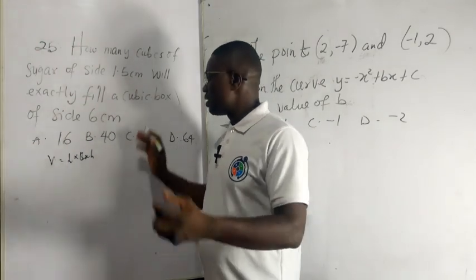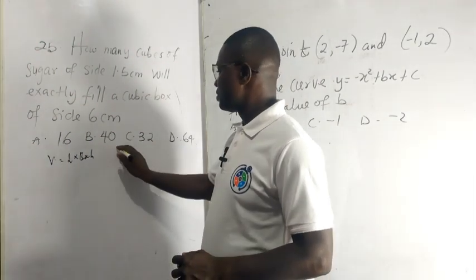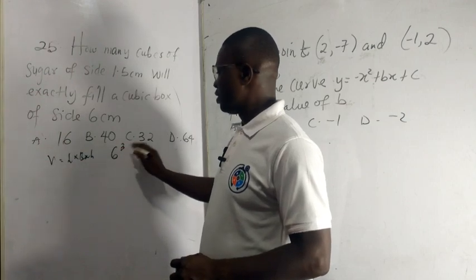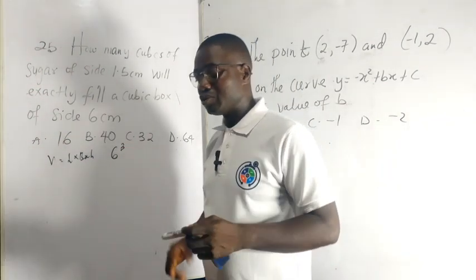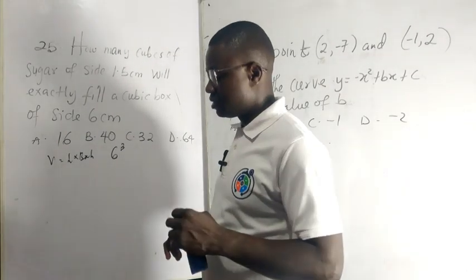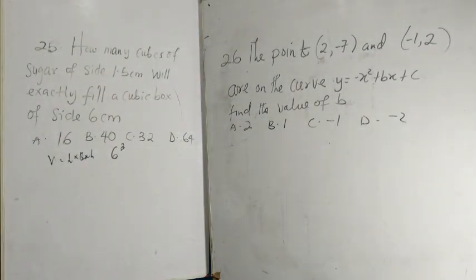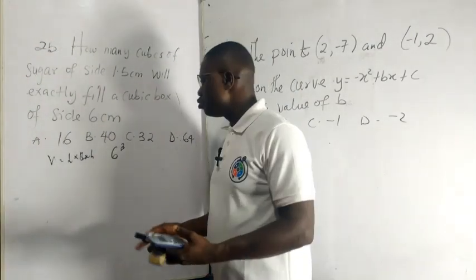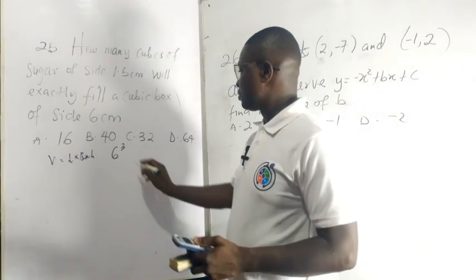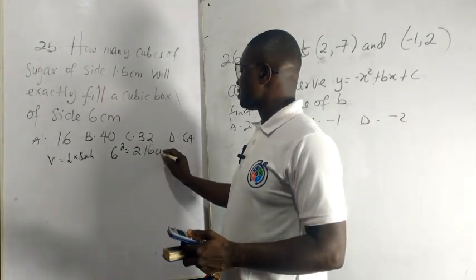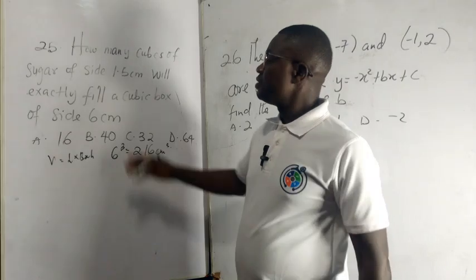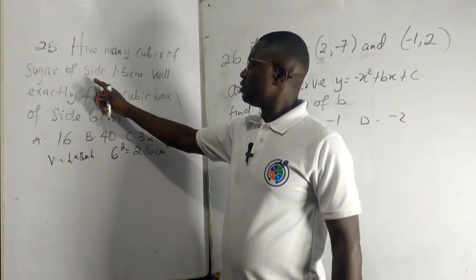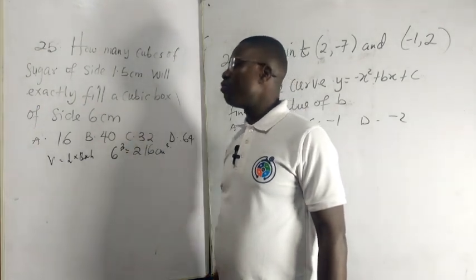So for the bigger box, the volume should be 6 cubed, so you are supposed to get 6 times 6 times 6. 6 cubed is going to give you the value 216 centimeter cube.